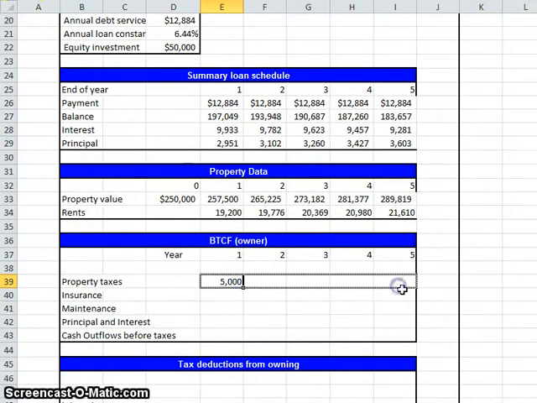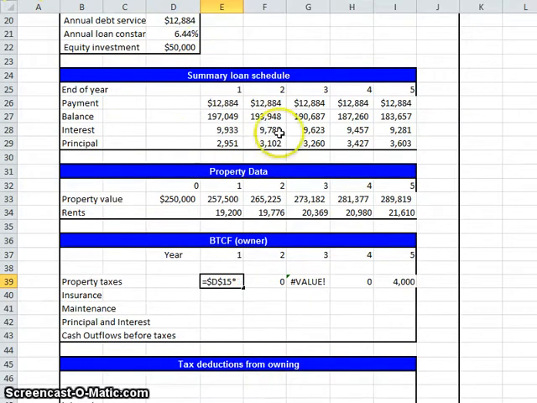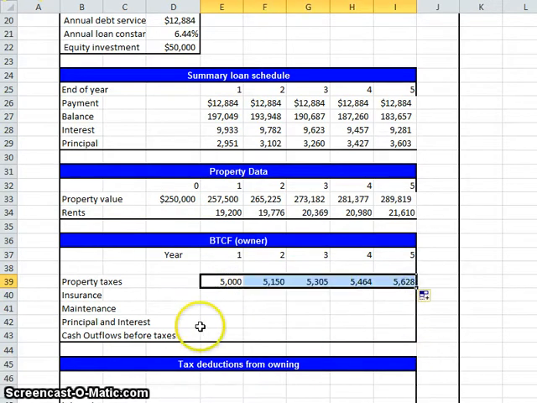Should be able to drag that across. Oh, I did that wrong. Can't use that number. Use that number. There we go.